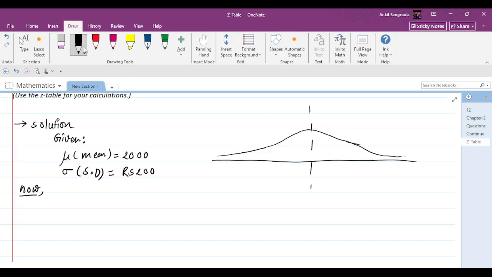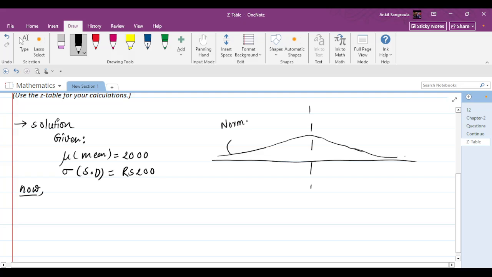So this is the Z table. And the middle 60% refers to this portion.